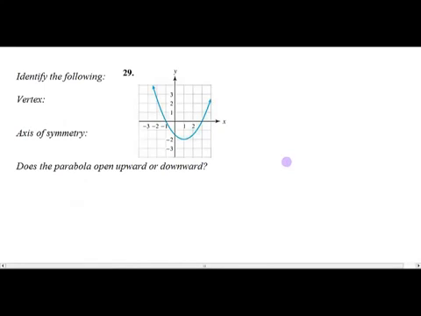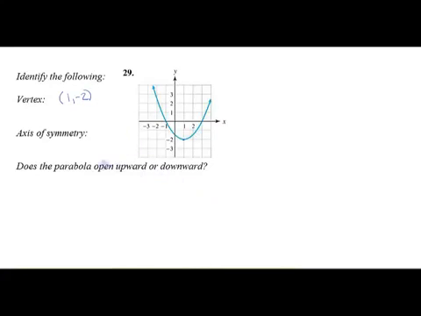Let's identify the following from the graph that's given. First, the vertex. Remember that the vertex is the lowest or the highest point on the parabola. It's the lowest point if it's opening up, so that would be this point here. So we have the point 1, negative 2.